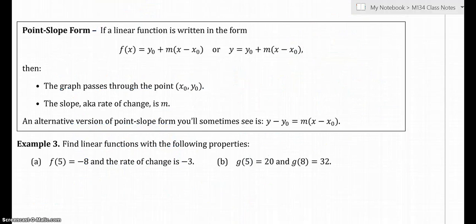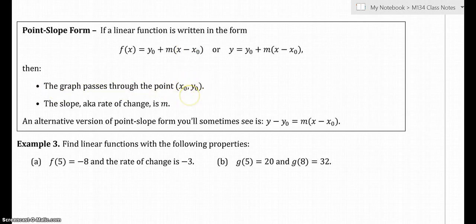To actually see the formula, let's move on to the next page. Point slope form. So here it is. f of x equals y naught plus m times x minus x naught. The graph passes through the point x naught, y naught.